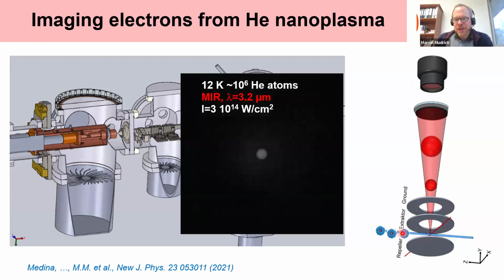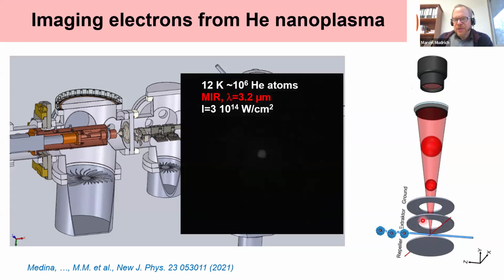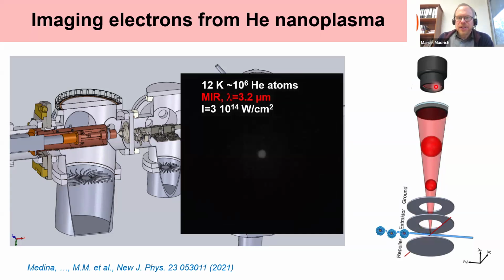We shoot at helium droplets with a laser and then accelerate electrons by applying an electric field between these electrode plates here. And then we monitor the distribution of electrons on a shot-to-shot basis by watching with a camera on a phosphor screen.